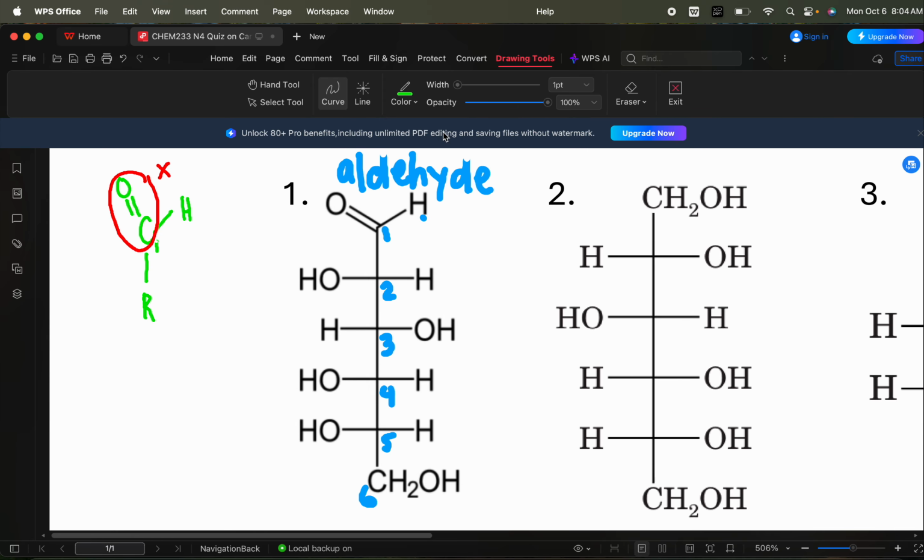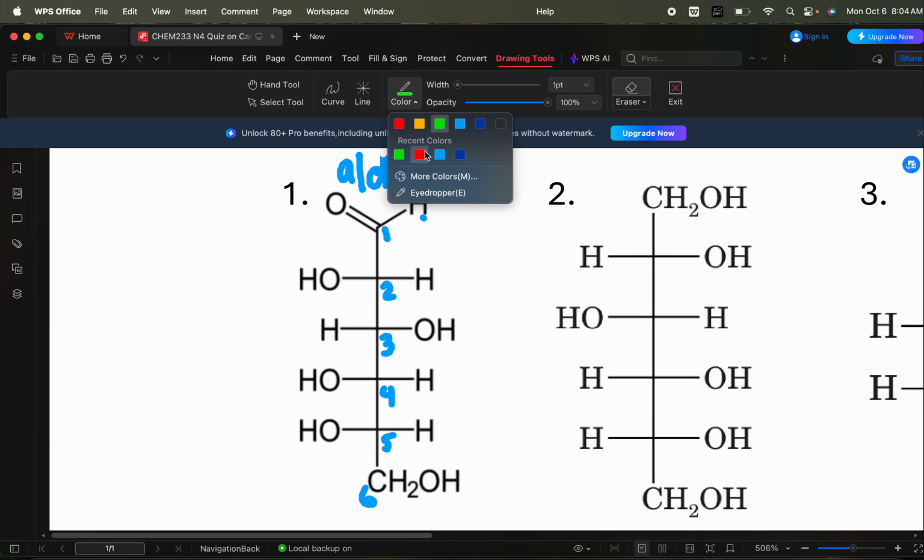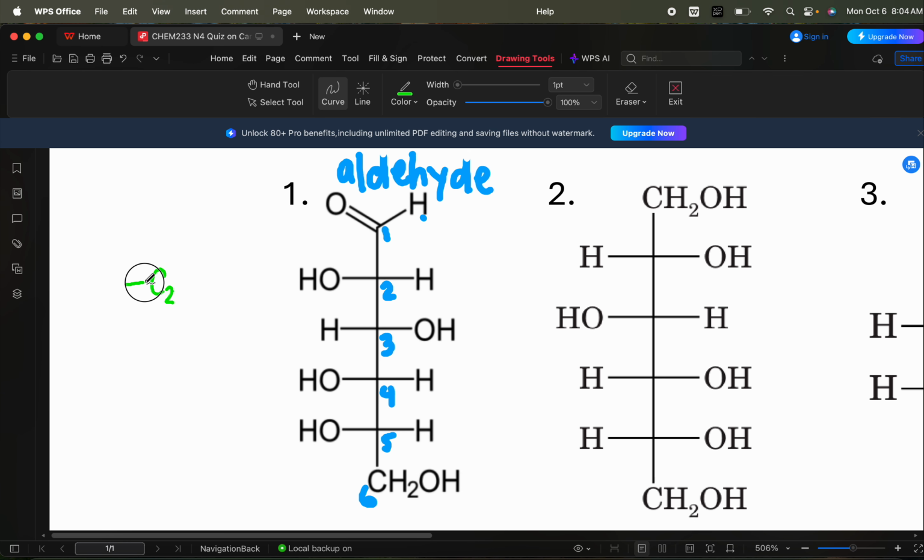Let's have carbon number 2. For carbon number 2, we can redraw this as a carbon connected to an OH at the left and hydrogen at the right. This is connected to the aldehyde group, let's call it R1, and connected to carbon number 3 and the rest of the molecule.